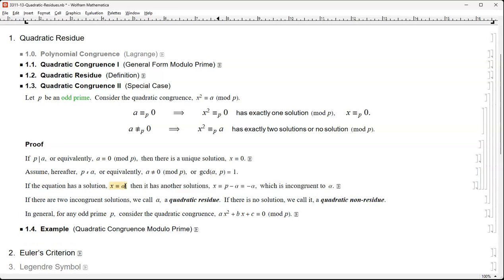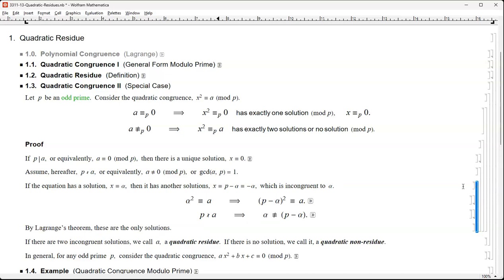suppose that there is a solution. Let's say X is alpha. Then it turns out negative alpha is also a solution. Or equivalently speaking, P minus alpha, because P is congruent to 0 mod P. And these two are incongruent, so we have actually two incongruent solutions. Let's check that.